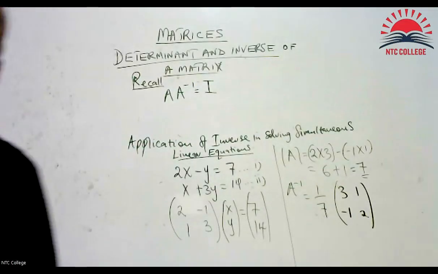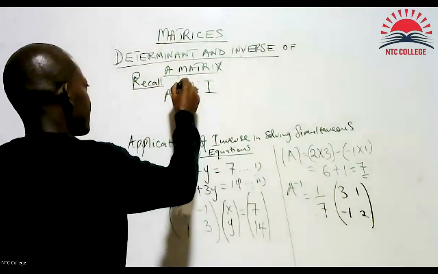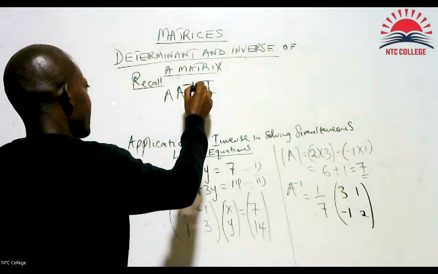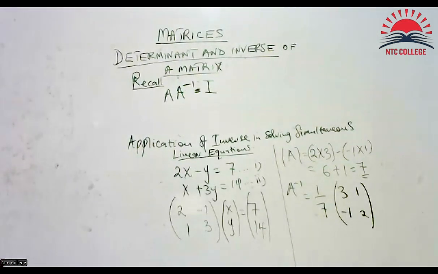That one we must write, that A times A inverse, if you have the matrix A and you multiply by its inverse, it would give you an identity. And that is a rule, you don't even have to prove it. Just by stating that A times A inverse gives an identity, it gives us a lot of meaning.